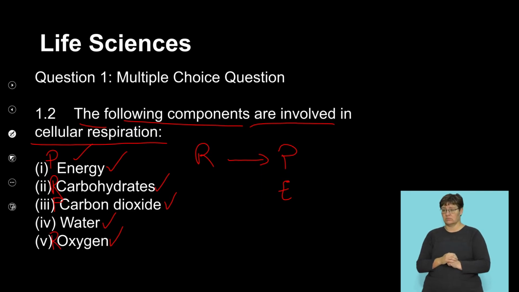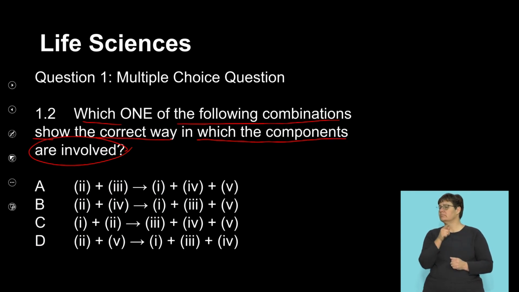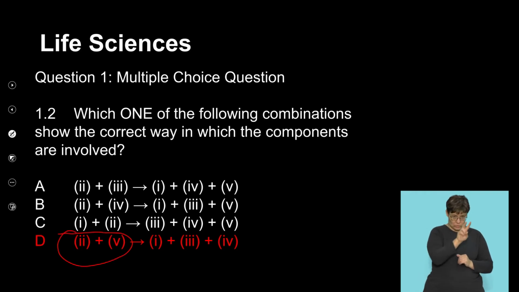And we see water as a product. So we've got products, which are energy and water, and we've got reactants, which are carbohydrates and your oxygen. So when we unpack this question, it's important that you look at that. So it's going to be those two reactants forming those three products.